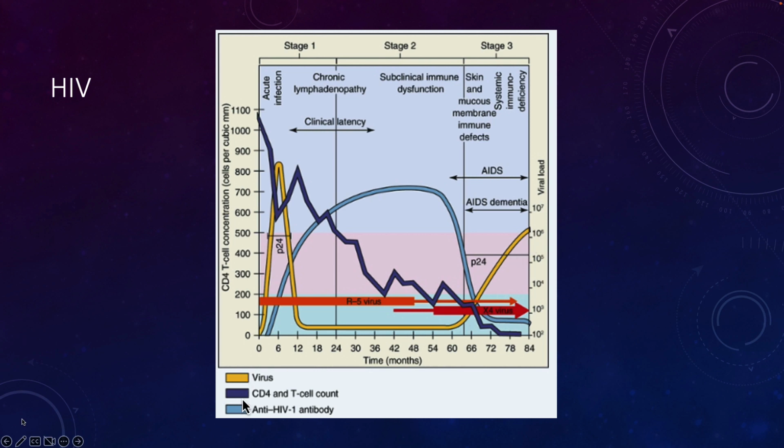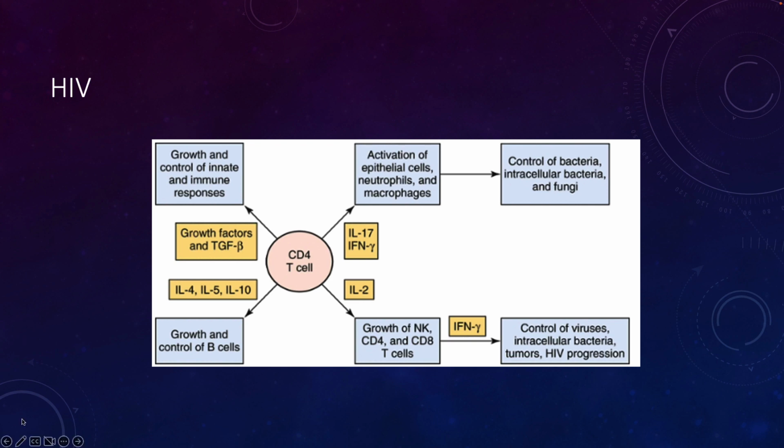We can also look at the CD4 positive T cell count. Normally it's pretty high. It'll dip during that acute infection, but then come back up. And now the problem is that slowly those numbers go down and down and down. At some point, the virus is so high and the T cells are so low that you now have that immune suppression. Again, this is our major cell type that we're infecting.